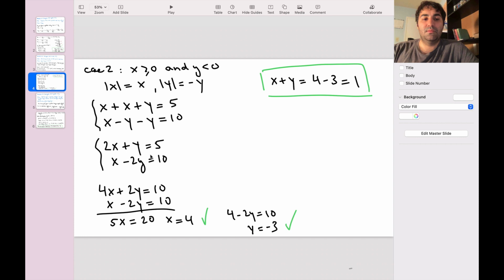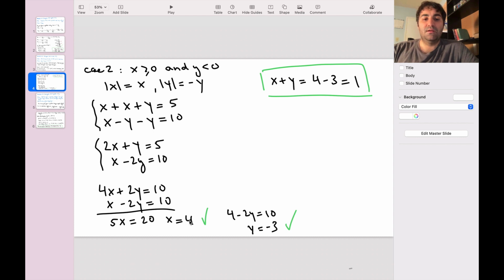We can multiply the top by 2 to get 4x plus 2y equals 10, and then we can cancel out the 2y minus 2y. We get 5x is equal to 20 and x is equal to 4.